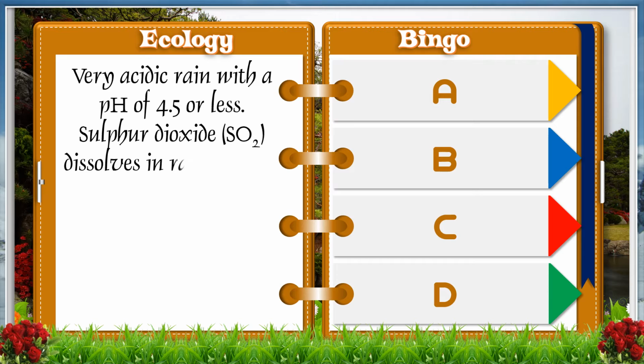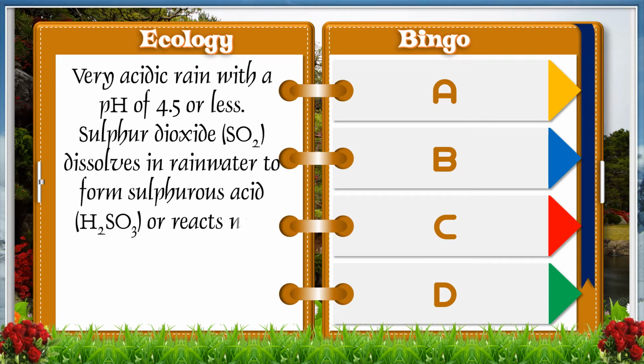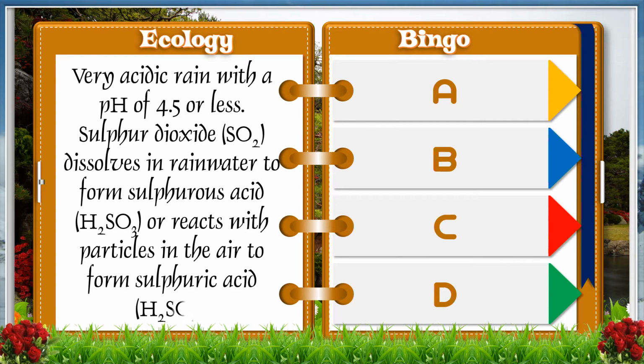Very acidic rain with a pH of 4.5 or less. Sulfur dioxide dissolves in rainwater to form sulphurous acid or reacts with particles in the air to form sulphuric acid.